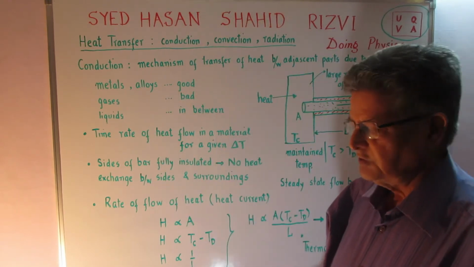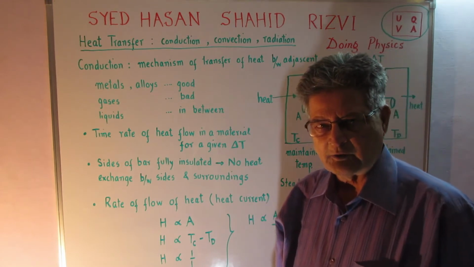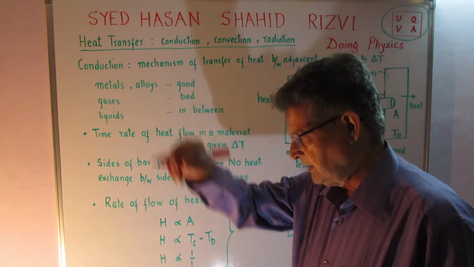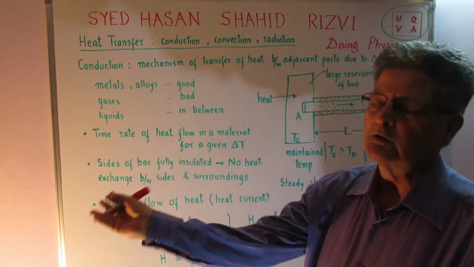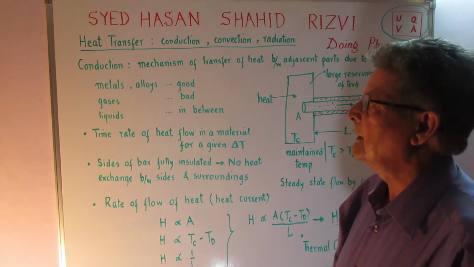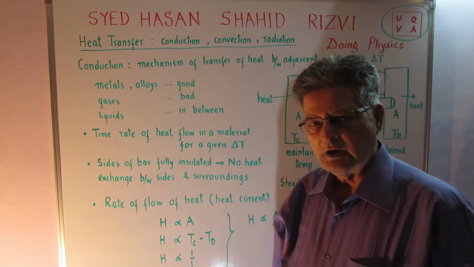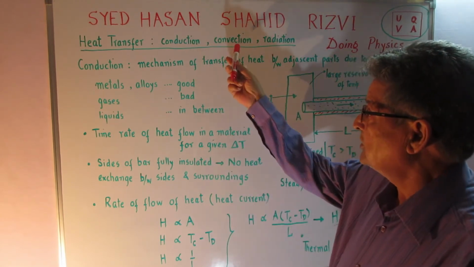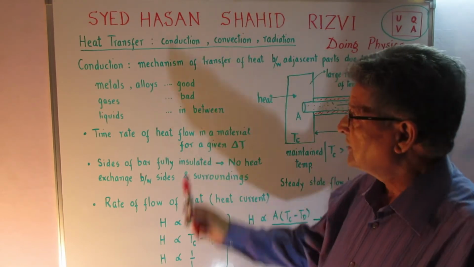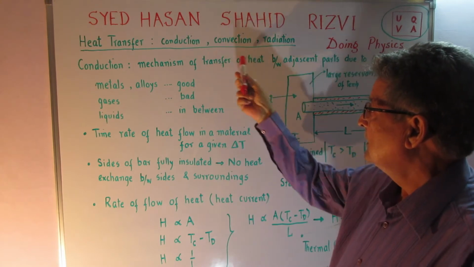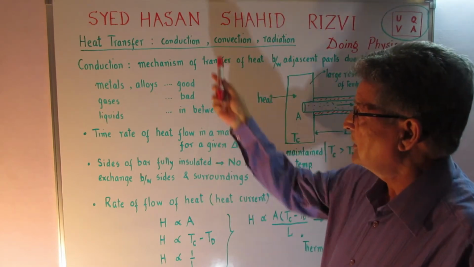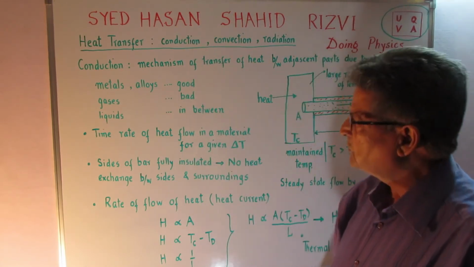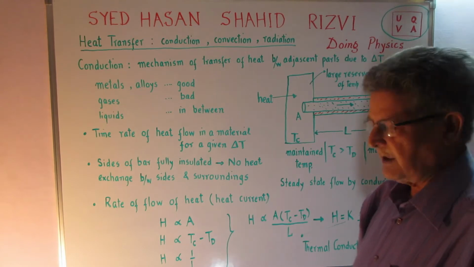What they used to do is, from our side of the goal, they will take the ball and carry the ball here and there, and then take it to the other goal and shoot, and the goal will happen. That means in convection there is a material transfer, and the transferred material carries the heat with it. In conduction there is no transfer of material, and in radiation, of course, neither thing takes place.